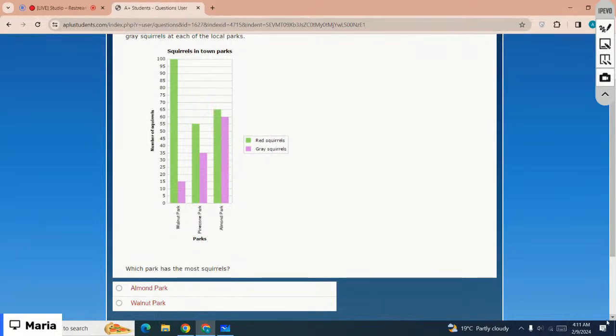Okay, here is Walnut Park, right? Walnut Park has 100 red squirrels and 15 grey squirrels. That means the total is 115, right?